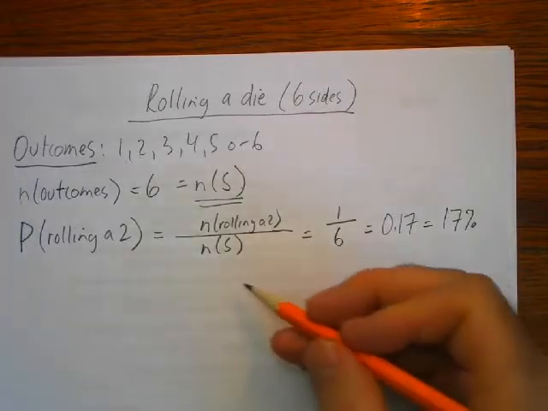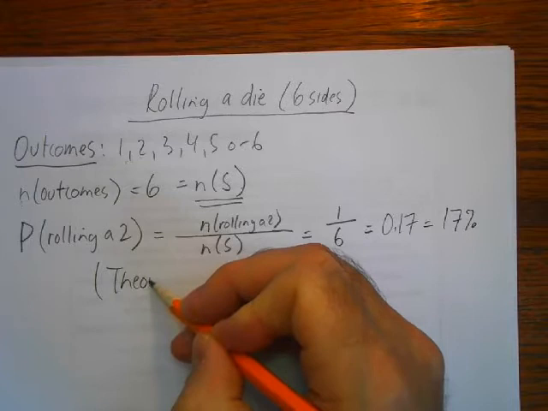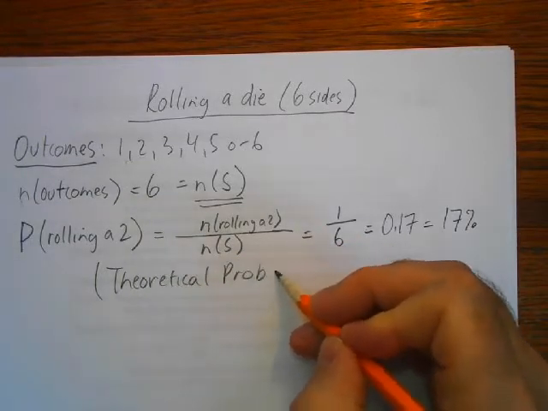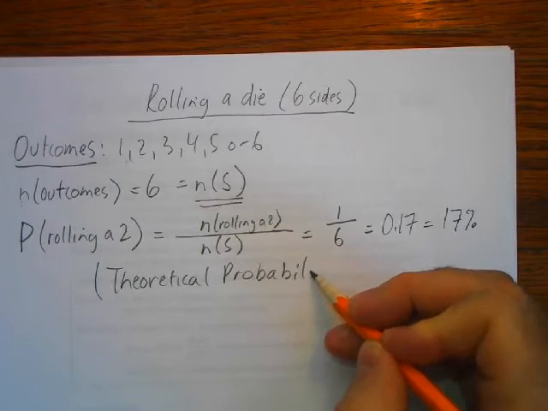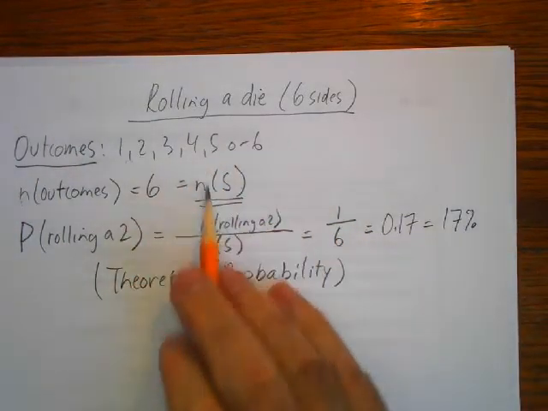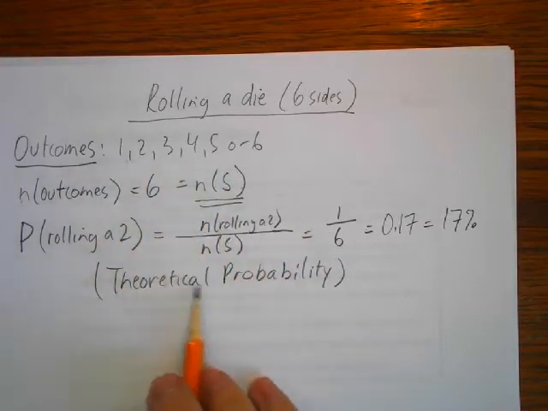Okay. Now this whole method we use here, this was the theoretical probability. Okay, this is all through mathematics and through fractions and possible outcomes and number of ways of getting what we're trying to get.